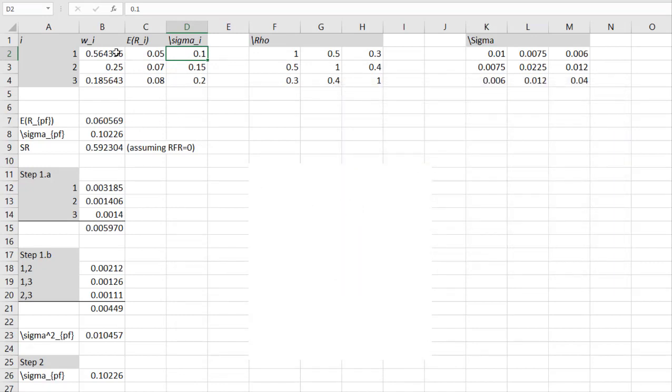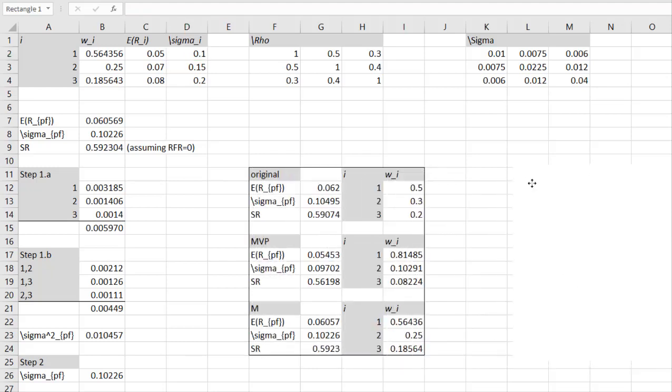This is the result. Here you can find the respective weights. The expected return is a bit more than 6%, and the volatility is roughly 10.2%.